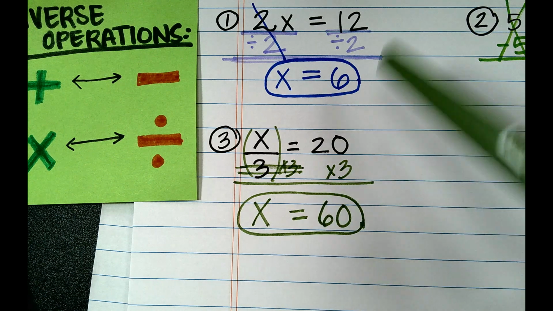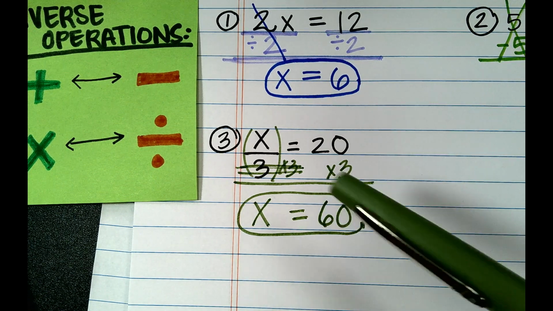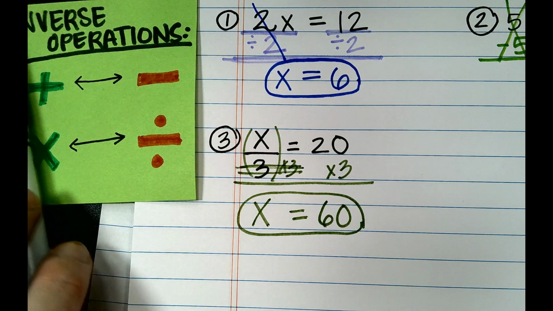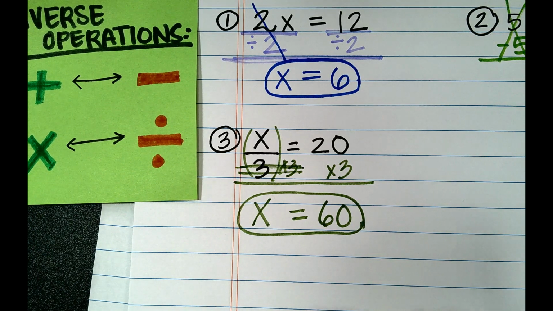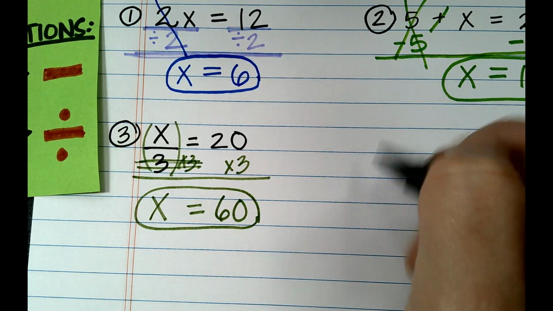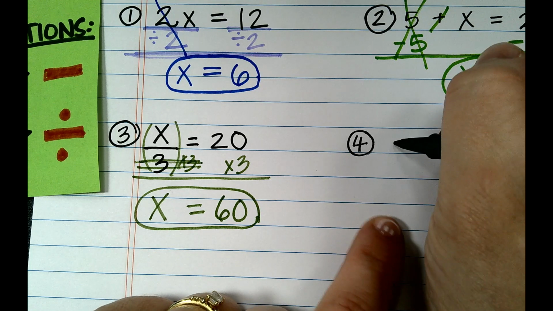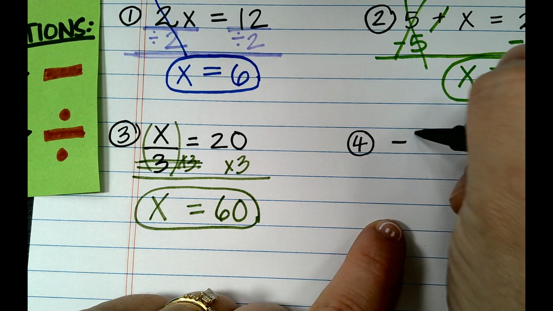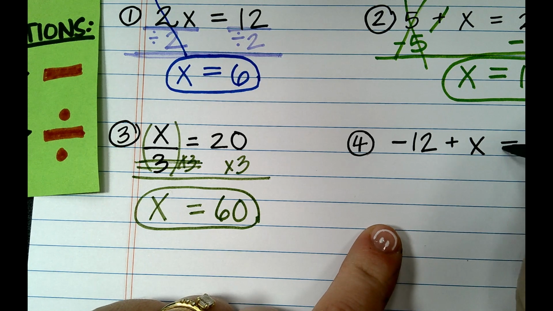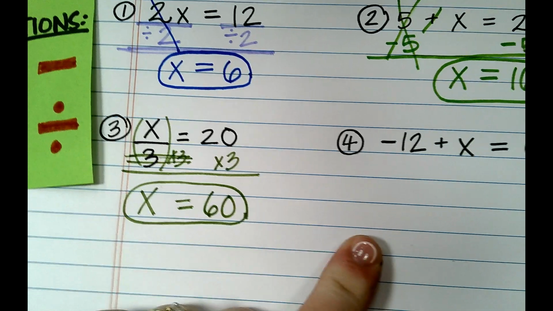So we've done one where we divide, we've done one where we subtract, we've done one where we have to multiply. Now let's look at one where we would have to add. So how about negative 12 plus x equals 6.